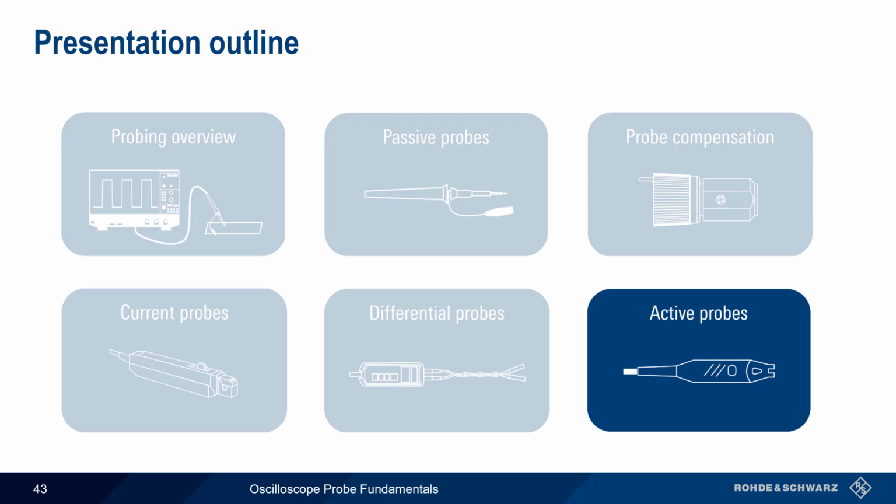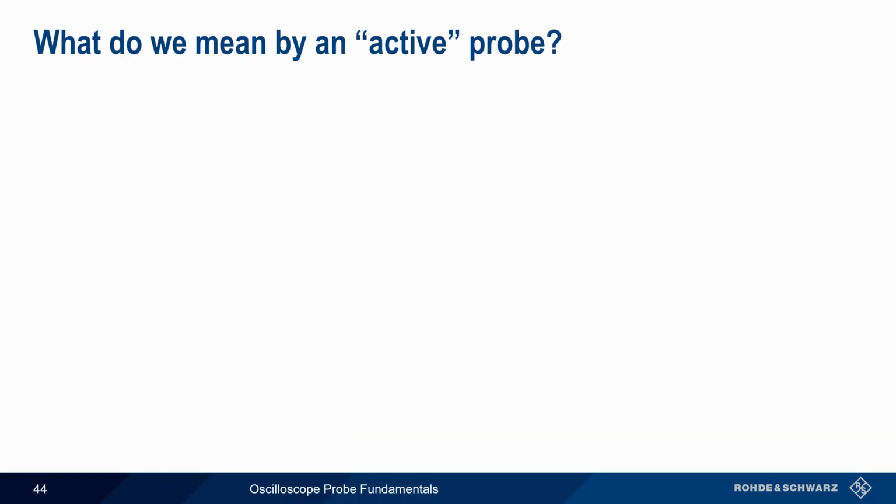The last of the oscilloscope probe types we'll discuss in this presentation are so-called active probes. It would probably be best to start by explaining what we mean by an active probe. Generally speaking, active means that the probe requires power. Recall that passive probes do not require a power source.